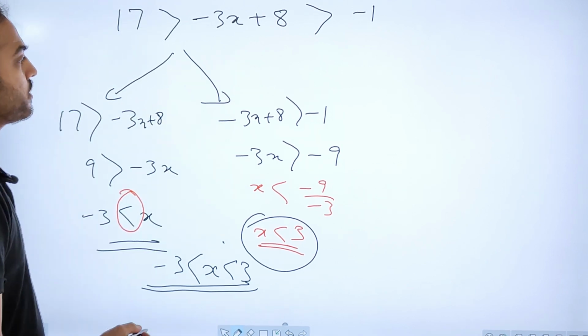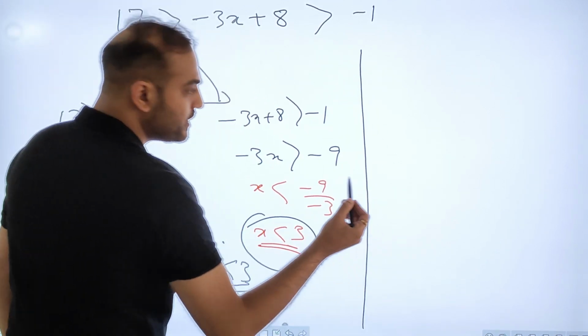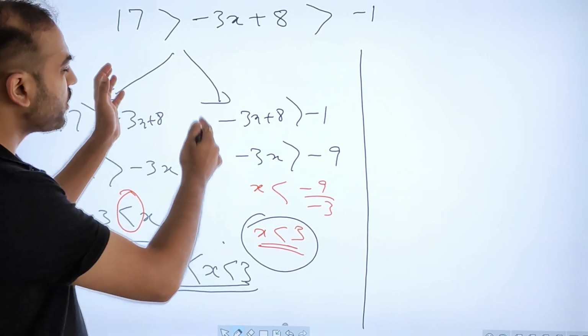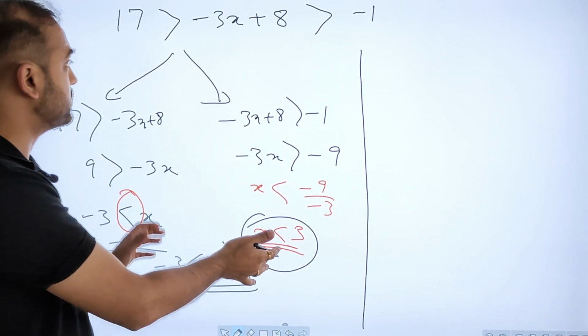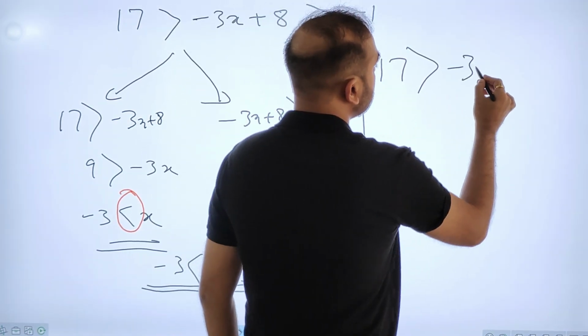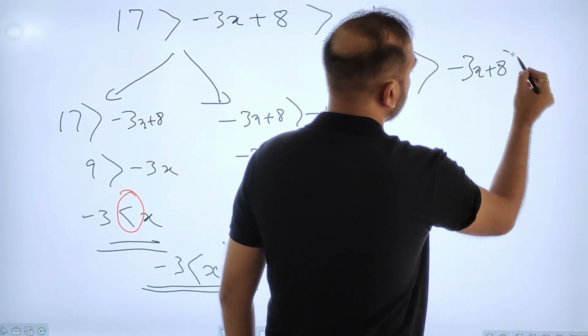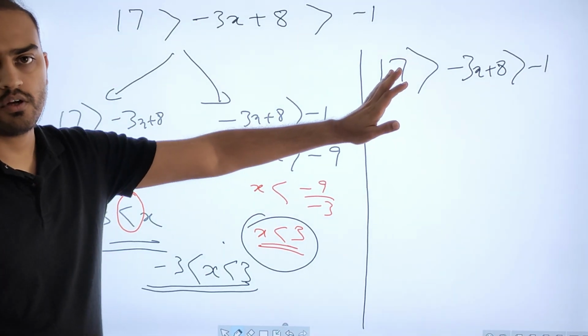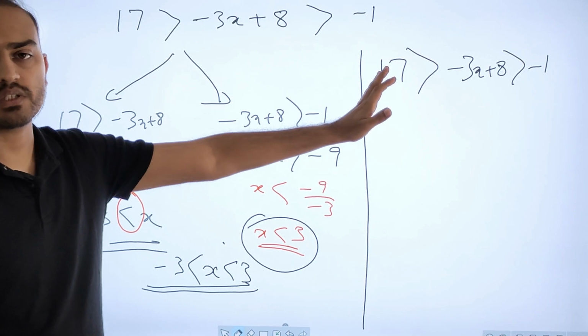So if you have multiple inequalities, no problem, break it into two parts and solve both parts. Now, for little lazy people such as me, we don't want to write or solve so much. So what we can do is write 17, minus 3x plus 8, minus 1, and solve all of it at once.